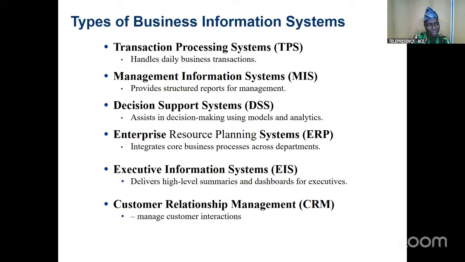Types of business information systems. One of them is the enterprise resource planning system, which integrates core business processes across departments. The executive information system that delivers high-level summaries and dashboards for executives to check what is happening within the business, to give them a comprehensive summary.